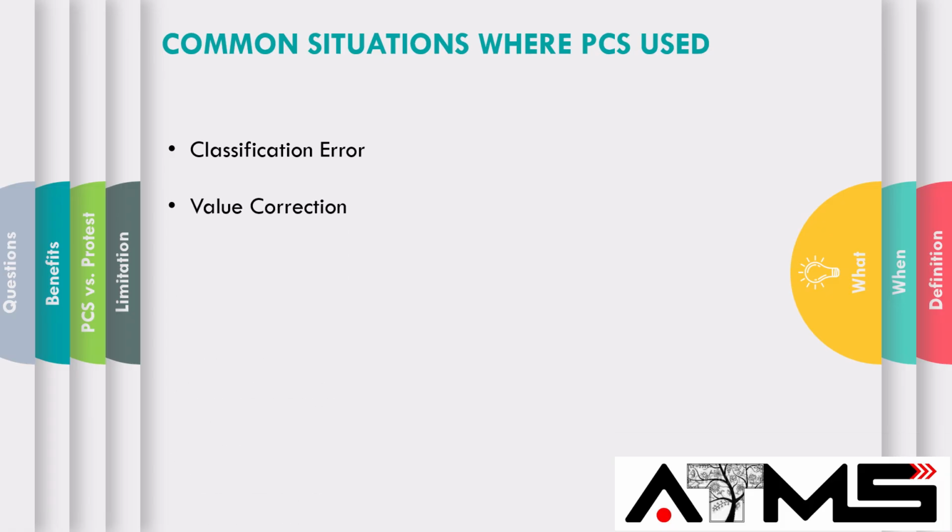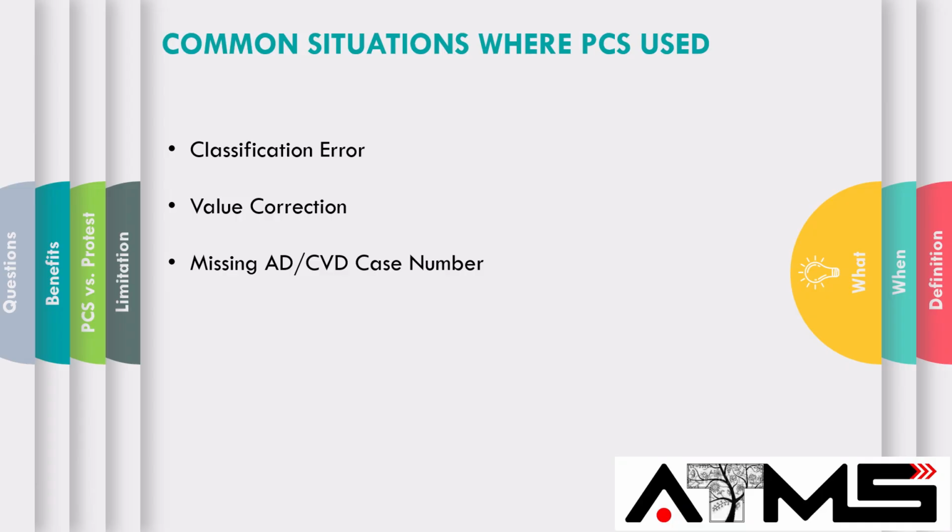Second, value correction. Example, you file an invoice value of $90,000 while the actual invoice value should be $100,000. In this case, the importer submits a PSC to correct the entered value and pay the additional duties.